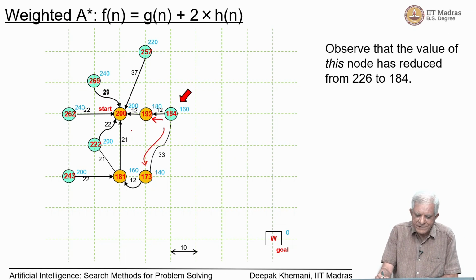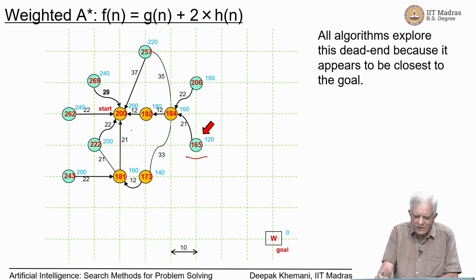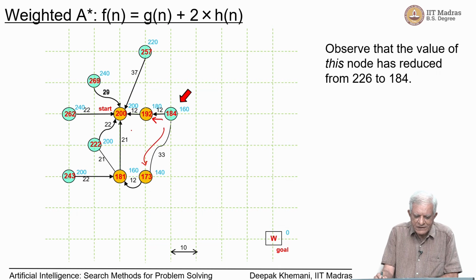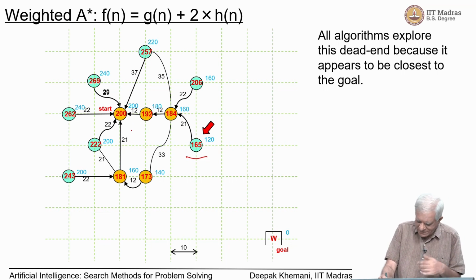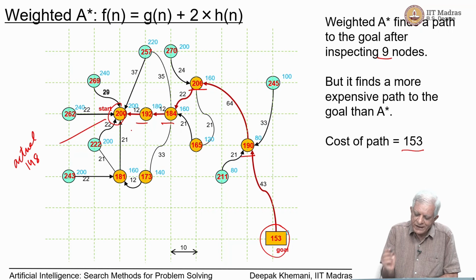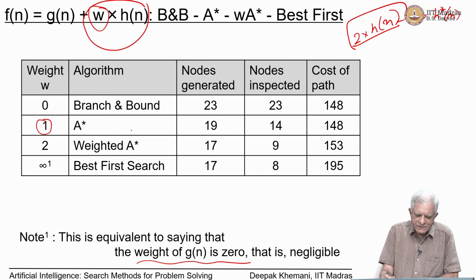In the next step, it discovered that it was not 226, but it was 184, which means this node had already gone onto closed with a path of 226, and later it found a better path to that node essentially. We will see that when the heuristic function satisfies the condition known as the consistency condition or the monotone condition, it always finds the optimal path to any node on the way essentially, which will have its own implications as we will see.